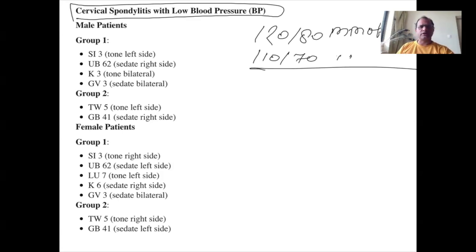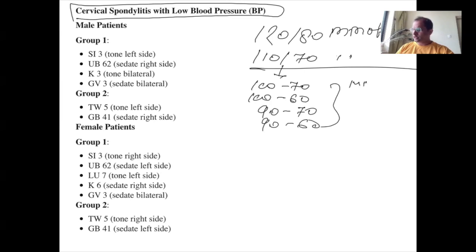But when the blood pressure goes further down, like 100 by 70, 100 by 60, or 90 by 70, 90 by 60 millimeter of mercury, then we will consider it as low BP.